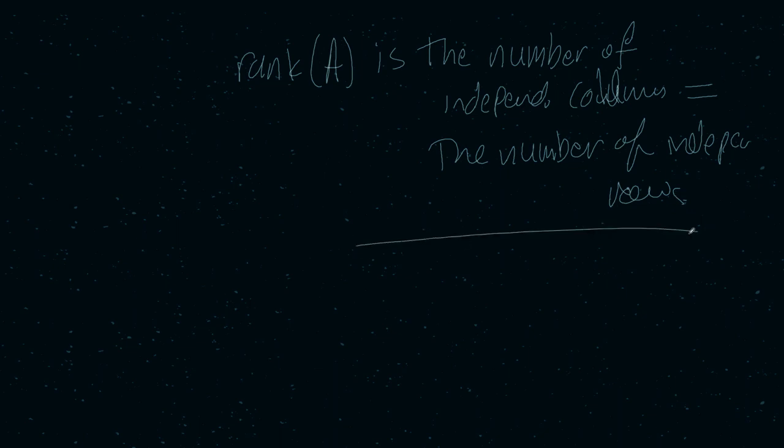This is a very important rule in linear algebra. So the rank of a matrix is the number of independent rows and independent columns.